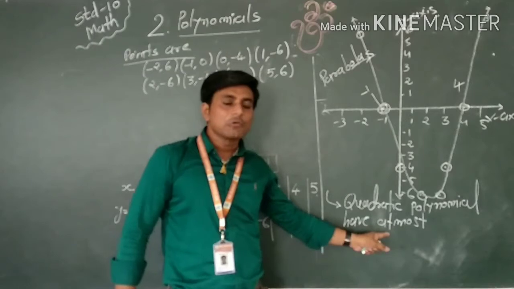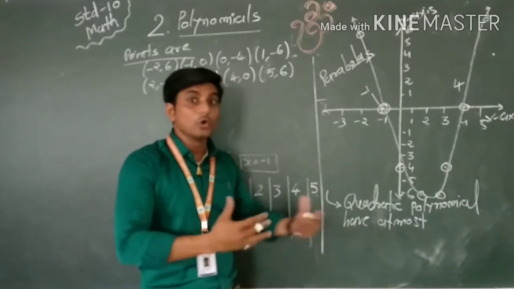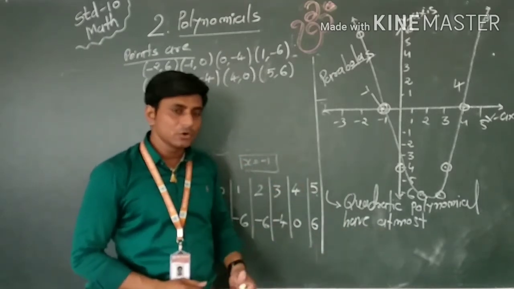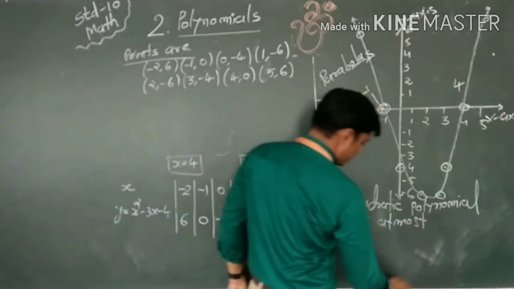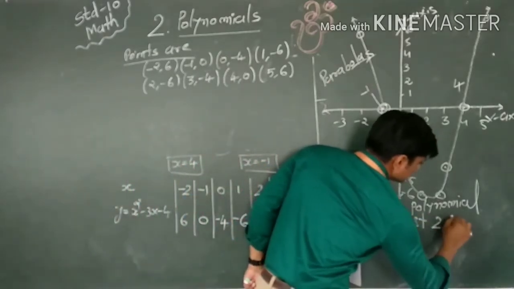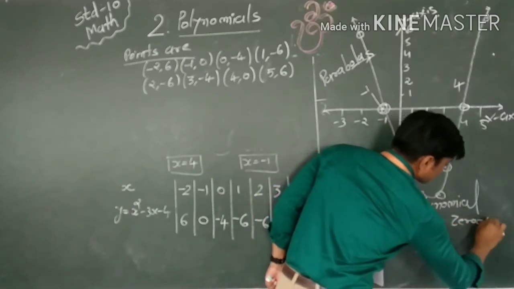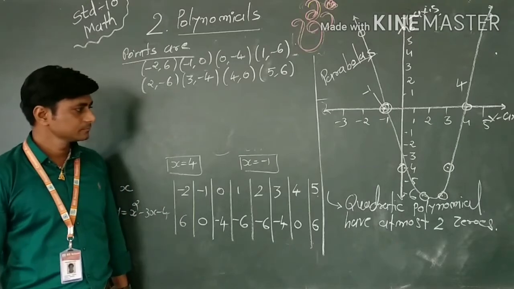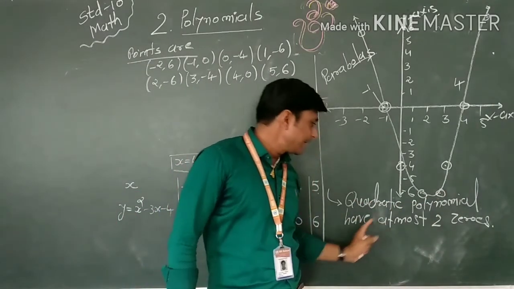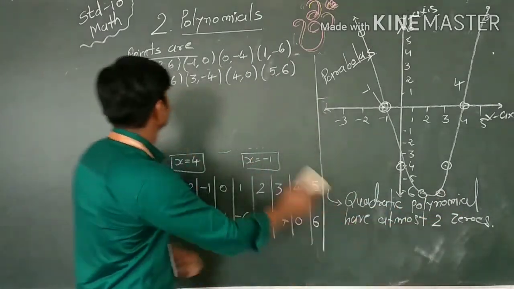That means a quadratic polynomial has no zero, a single zero, or 2 zeros, maximum 2 zeros.